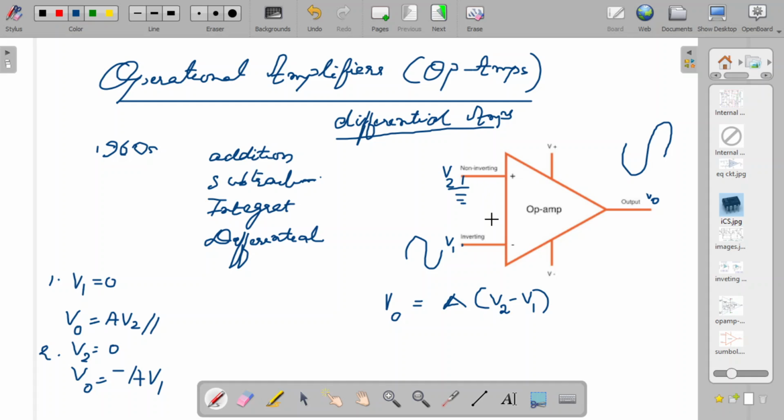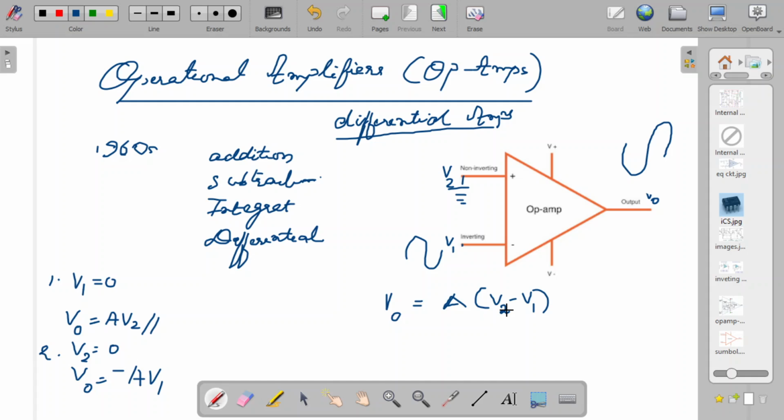It is actually given within the op-amp in such a way that if you give an input at the non-inverting terminal, you will get the output with the same phase as that of the input, which will not invert the input. But if you give an input at the inverting terminal, the output voltage will be inverted when compared to that of the input signal. So that is how it acts as a non-inverting and inverting amplifier.